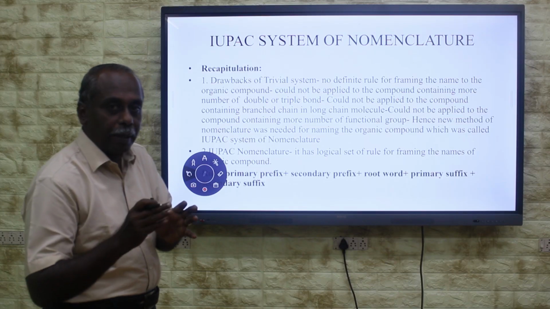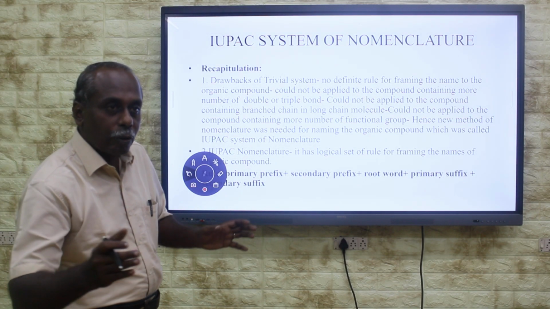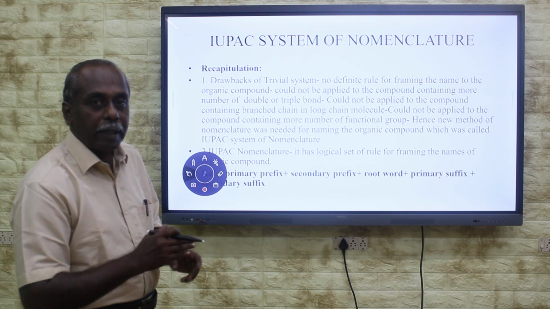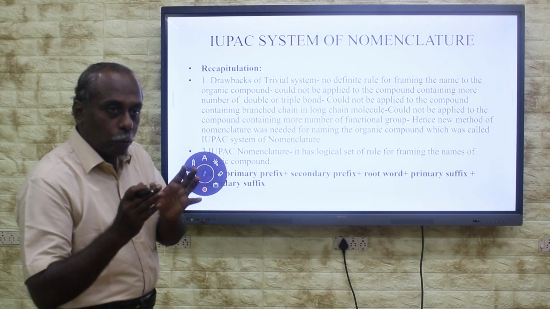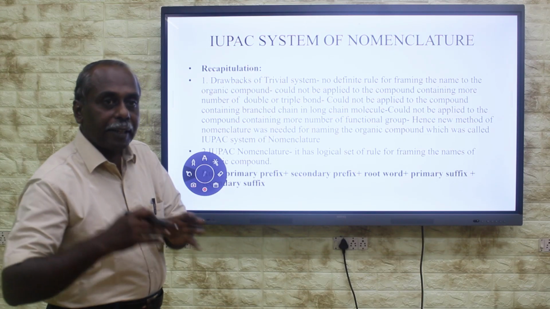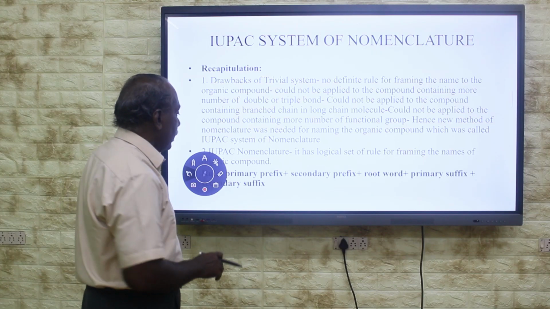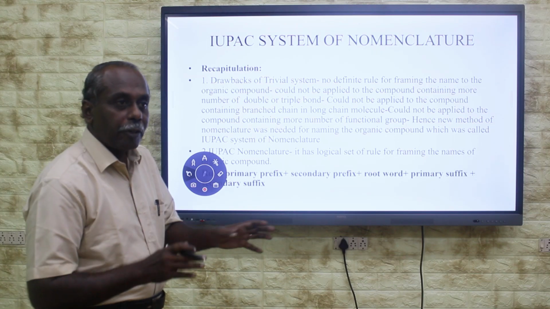Then the primary suffix and the secondary suffix are added after the root word. Here, the root word is important. Before the root word, 2 fragments are added, and after the root word, 2 fragments are added. In the primary prefix, the substituent's name should be given.